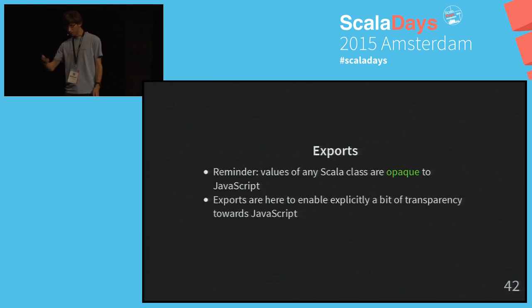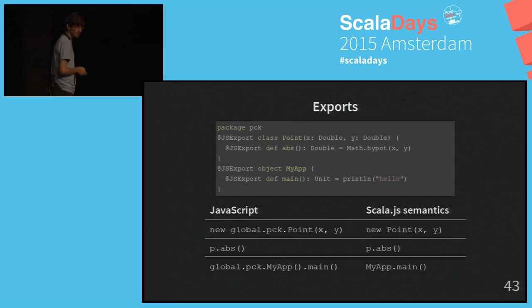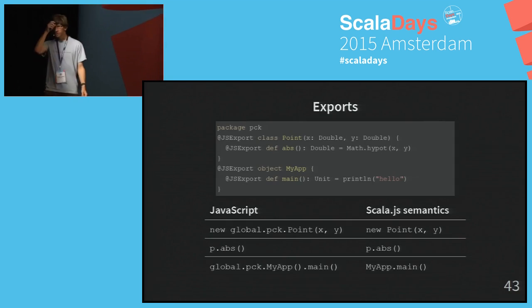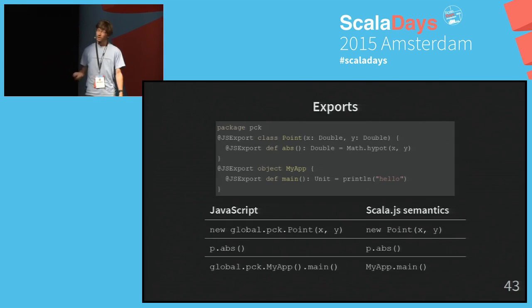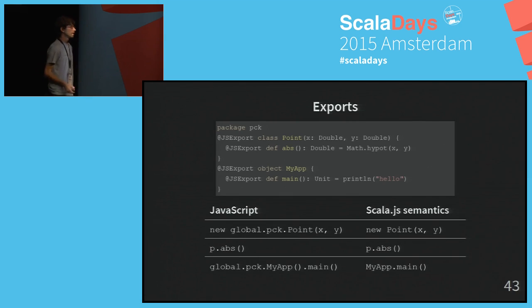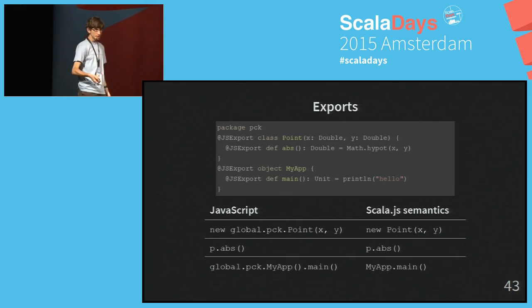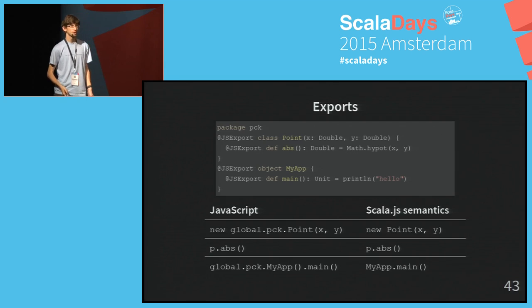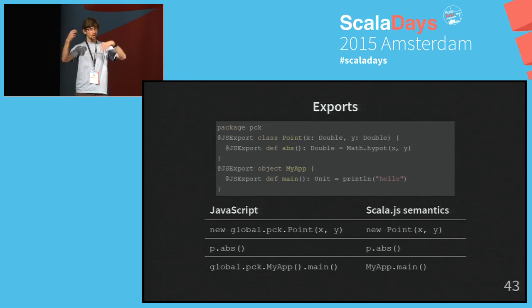So if you want to expose some parts of your Scala library to JavaScript, you use exports. Exports are simply annotations that you put on classes, on objects, on members, so vals, vars, defs, and that tells the compiler, okay, I want this to be callable from JavaScript, make sure it is, again in a semantically nice way.